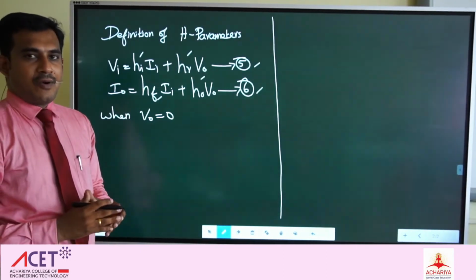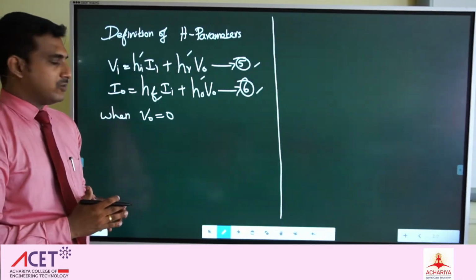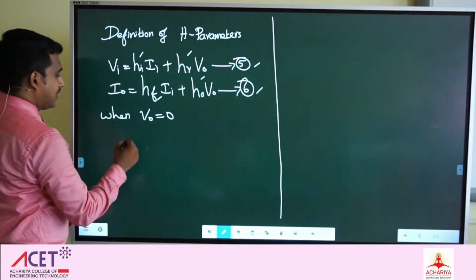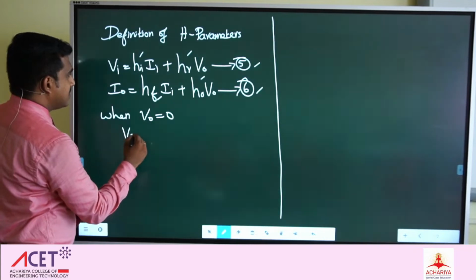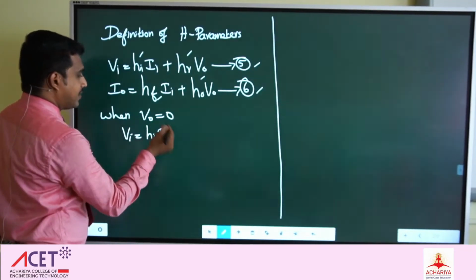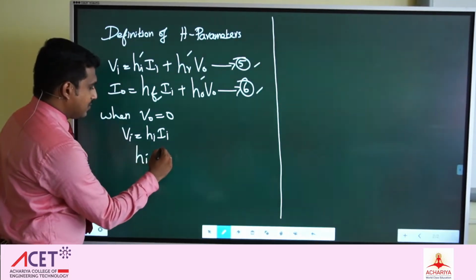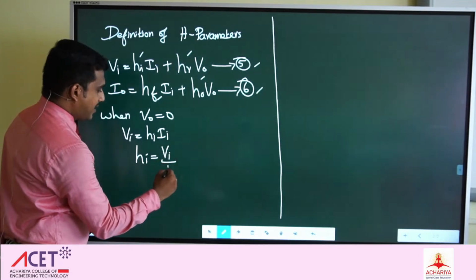To make the output voltage equal to 0, we can short the output circuit. Automatically the equation becomes Vi is equal to Hi into Ii. From this equation we can find Hi is equal to Vi divided by Ii.